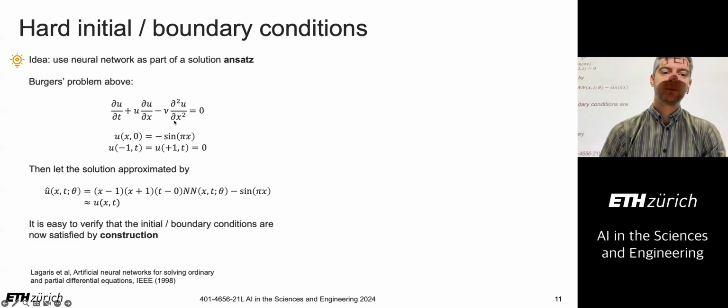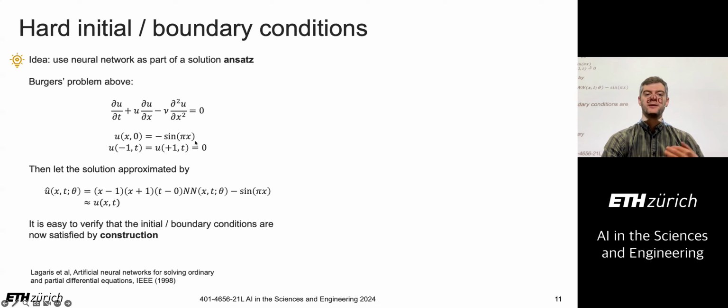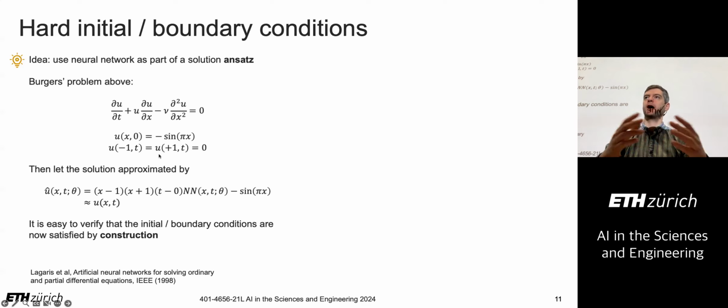So let's just take this example of the Burgers' equation. And we had, importantly, these two initial and boundary conditions. So we said at time equals 0, the starting speed of the fluid should be a sinusoidal curve. And then on the edges of the domain, the flow should be 0. So this is modeling the flow through a pipe.